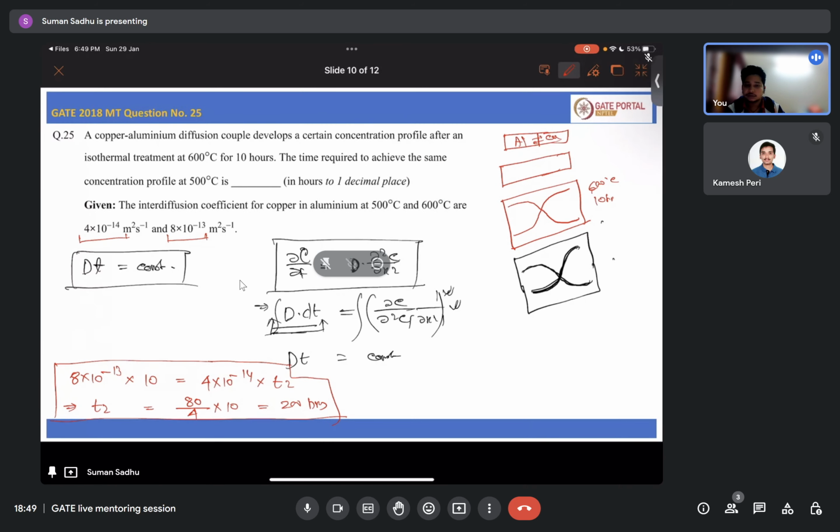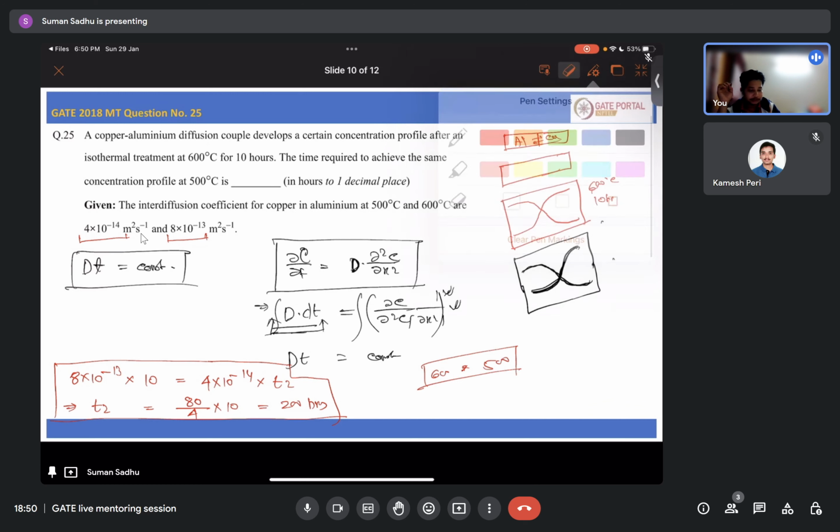Now in this question, both the diffusivities are given to you, at 600 and at 500. But in some questions it may not directly give you the diffusivity at two different temperatures.